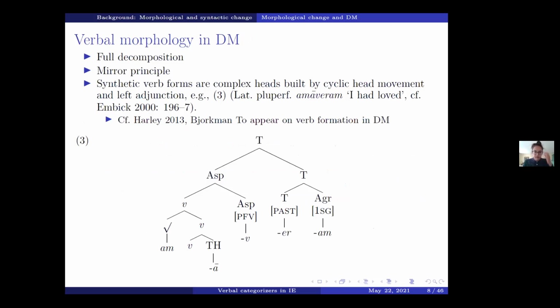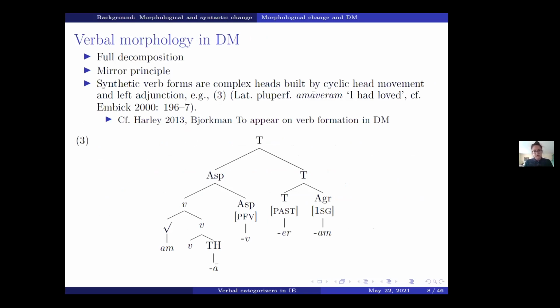Okay, so just a quick rerun of how verbal morphology works in DM. In DM, we assume full decomposition of complex words. The mirror principle, so the order of morphemes in a complex verb, is expected to mirror a syntactic structure, the sequence of functional projections along the verbal spine.